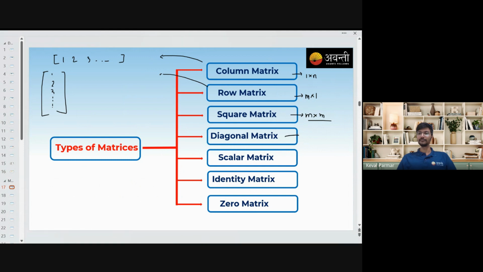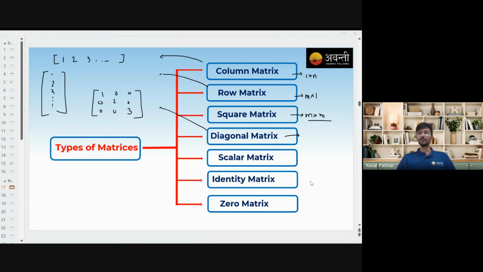Diagonal matrix: all the elements except the diagonal elements are 0. That means this is a diagonal matrix, 1, 2, 3, all other elements are 0.